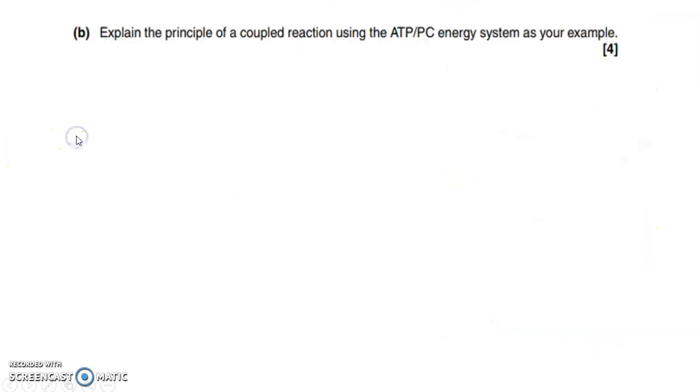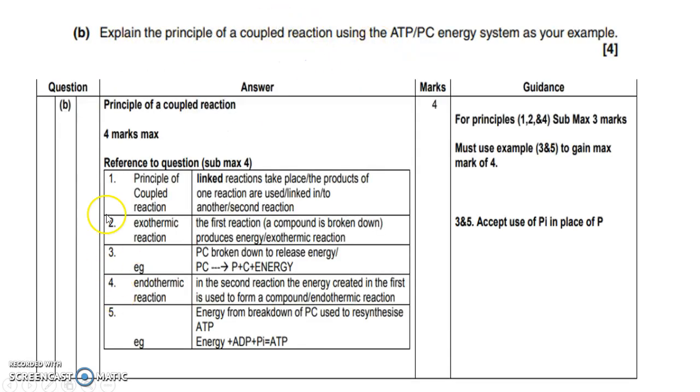Now, if I move on from there, these are the separate questions you must be ready for with regard to the ATP PC system. You could get a separate question asking you to explain the principle of an energetically coupled reaction. This is an old spec question. If that happens, it's really important you know how to do that. So the description of a coupled reaction here: linked reactions taking place.